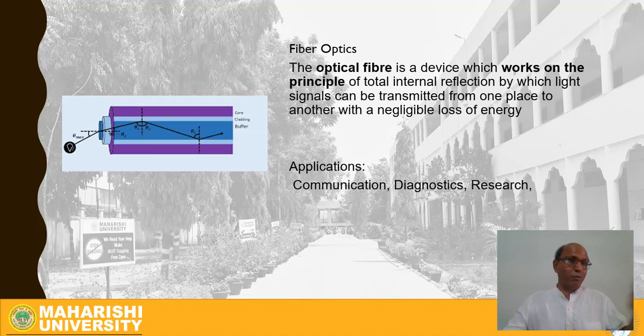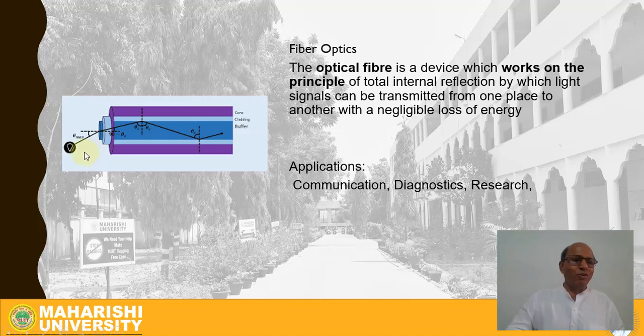You might have seen some of these optical fibers in your neighborhood. So these optical fibers, since they work as a channel for transmission of optical beam, that means you can use this optical fiber as some sort of a torch or as an illuminating system.